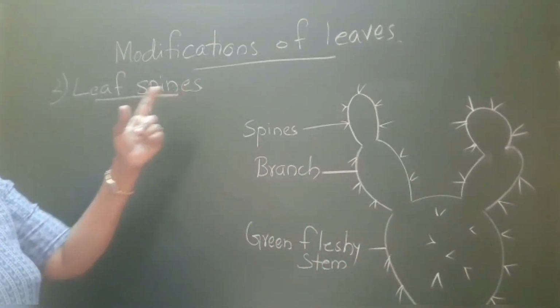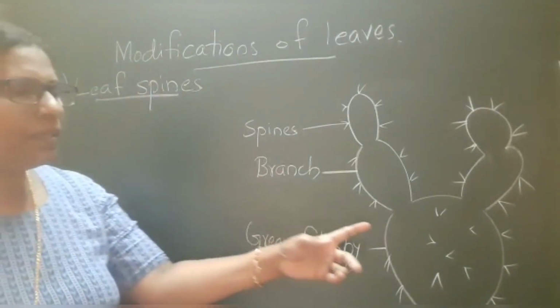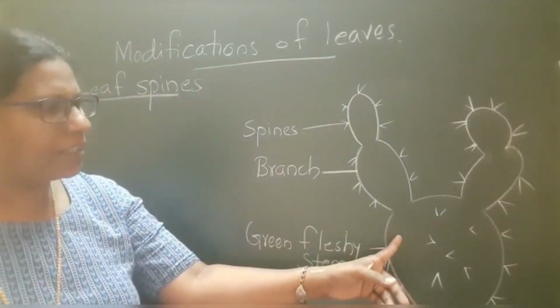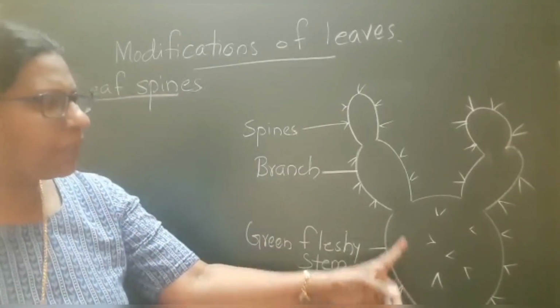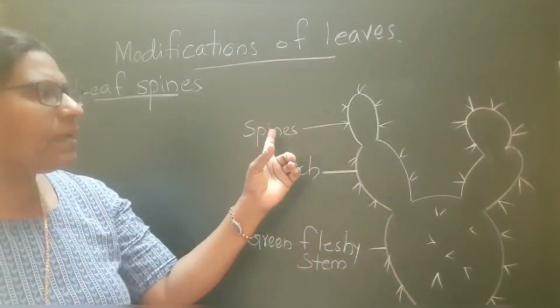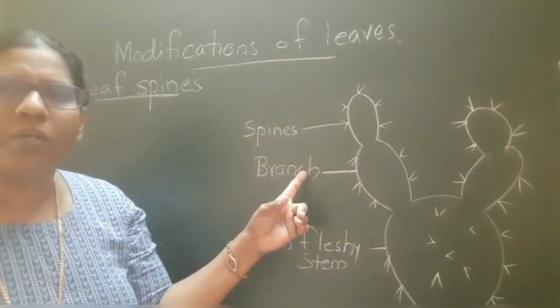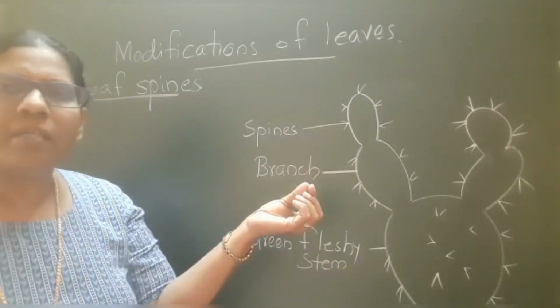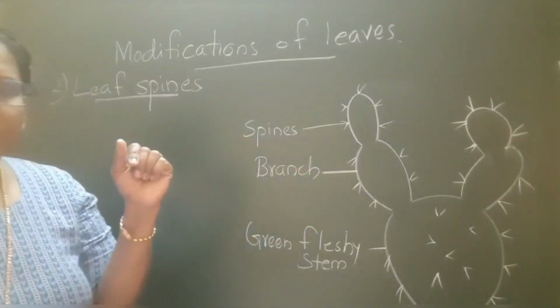The second modification of leaves is leaf spines. As I told, this is a cactus plant, and it has a main stem, then branches, and then spines. Its leaves are modified into hard, pointed, very sharp spines.